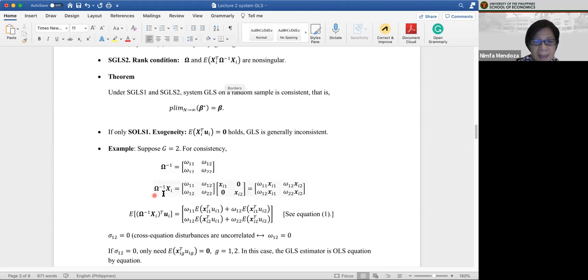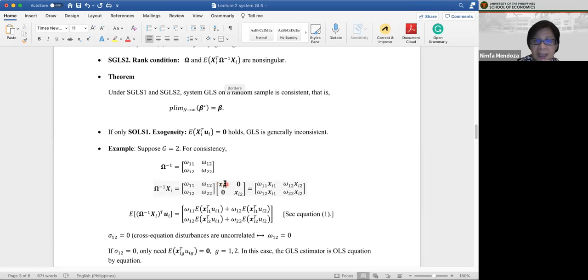Then let's get omega inverse X sub I. This is our omega inverse, we have two equations, and this is our X sub I. To be clear about this, first specify what the matrix is.